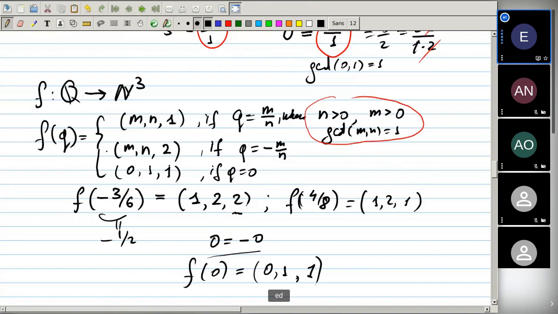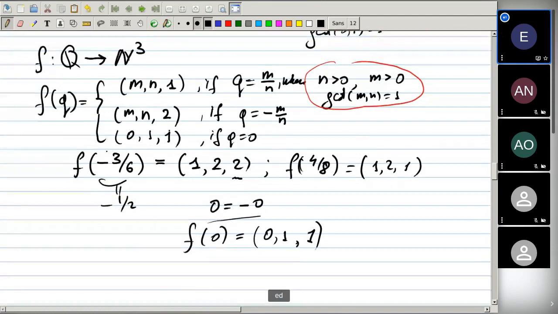The second coordinate is the denominator thereof. And the third coordinate is either 1 or 2 depending on the sign. Is that idea clear? Yes, I think yes.